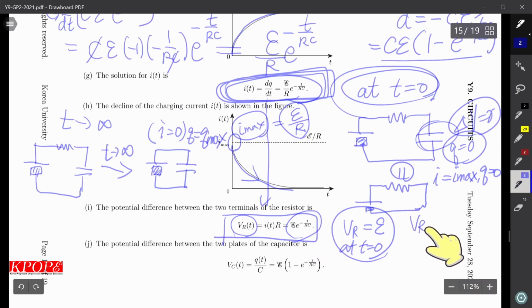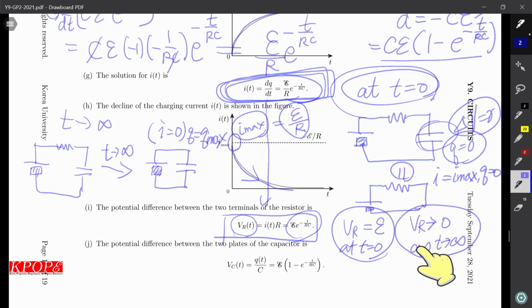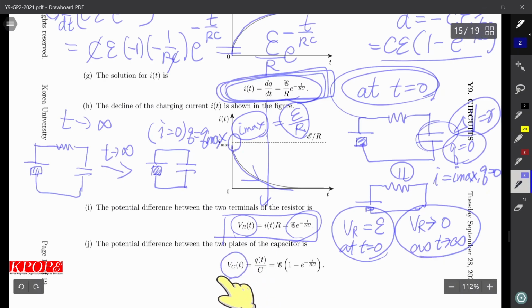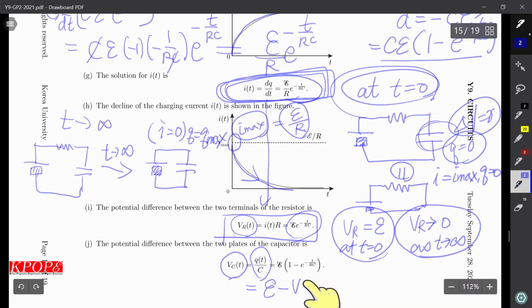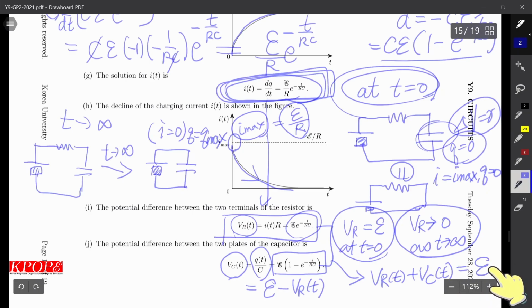That means VR goes to 0. In a similar manner, the potential difference between the two terminals of the capacitor is obtained by Q over C, or it can be obtained by E minus VR of T, because the sum of VR of T plus Vc of T must be E.